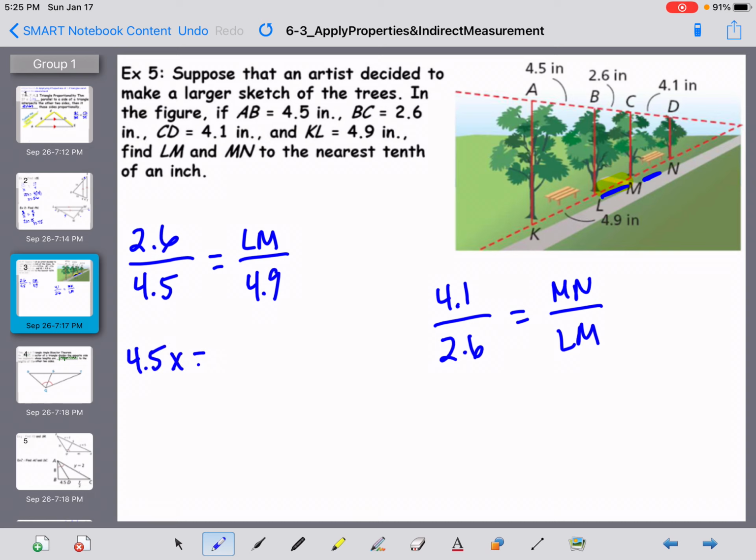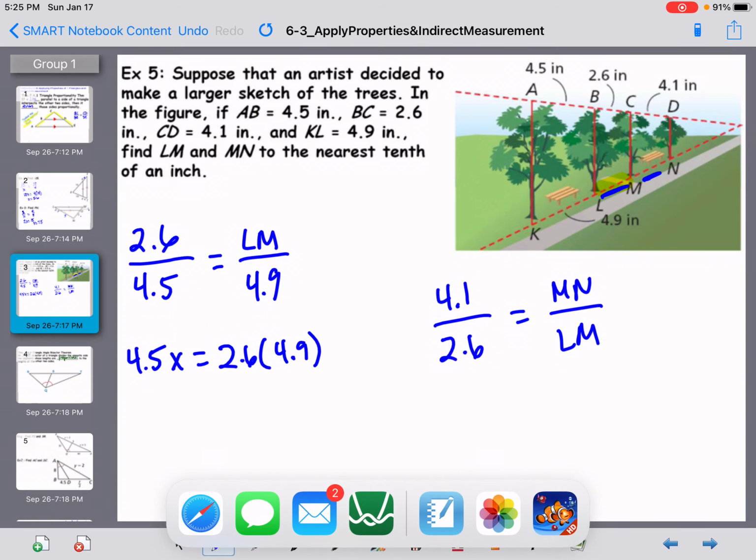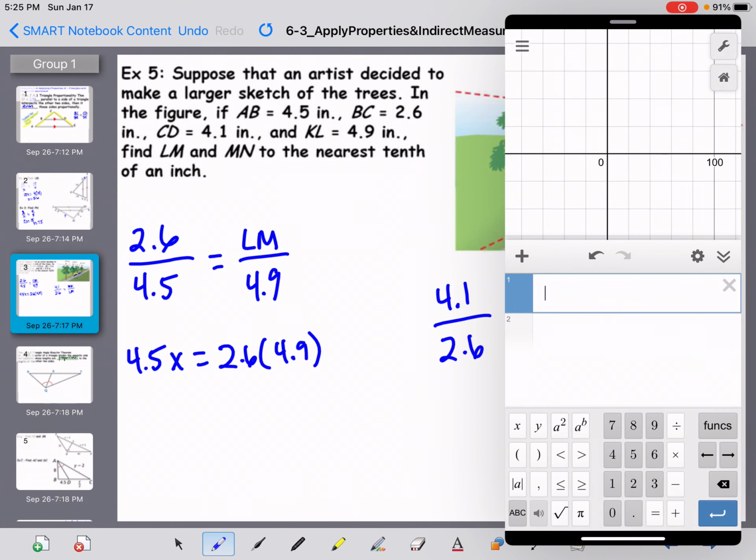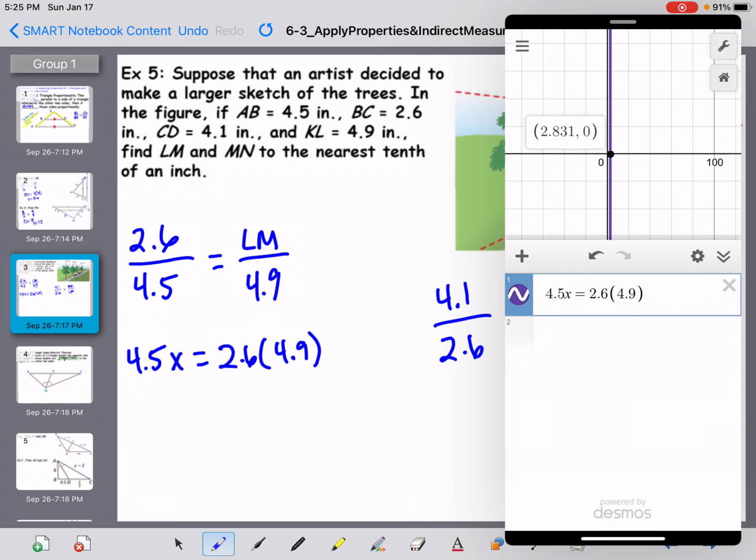4.5, and I'm going to put an x there, 2.6 and 4.9, because LM is what I'm looking for first. 4.5x equals 2.6 times 4.9. Nearest tenth is what I need to round it to. So x equals 2.8.